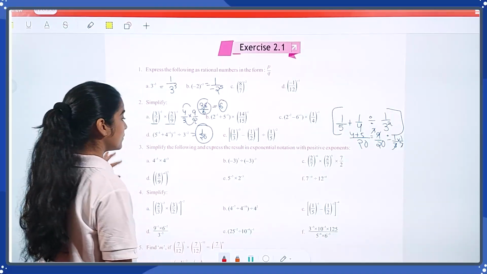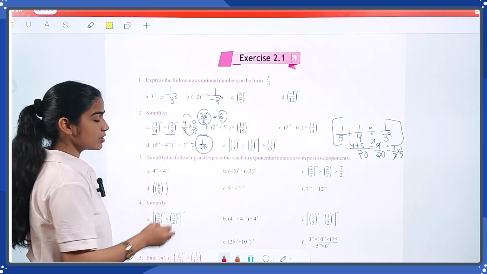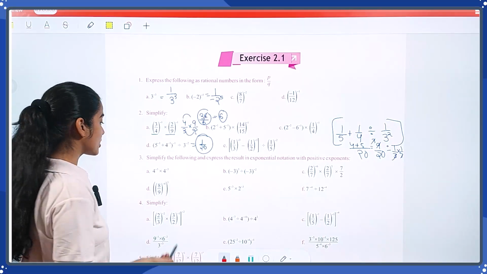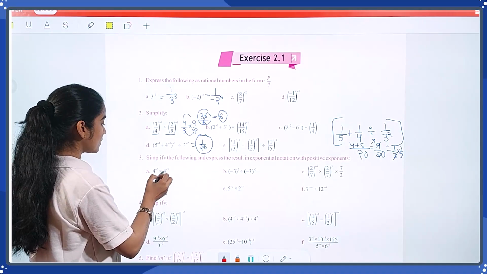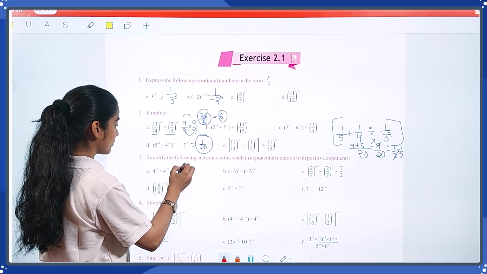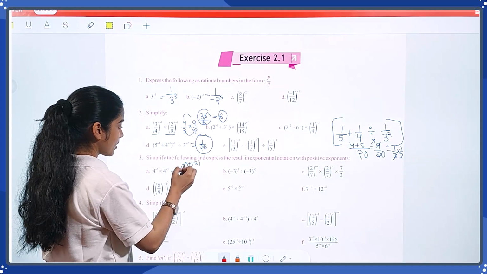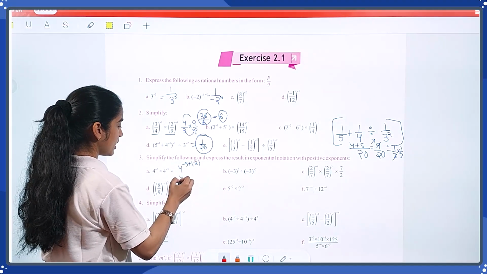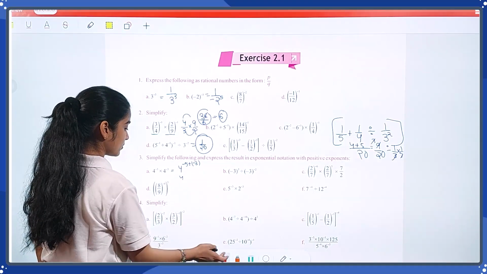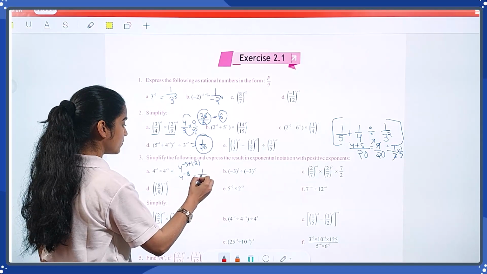Now simplify the following and express the result in exponential notation with positive exponents. So you have to represent your end answer in positive exponent. So 4 raised to the power minus 5 and 8. So first what you do? Minus minus plus. So your end result is minus 8 and we have to convert it into the positive form.